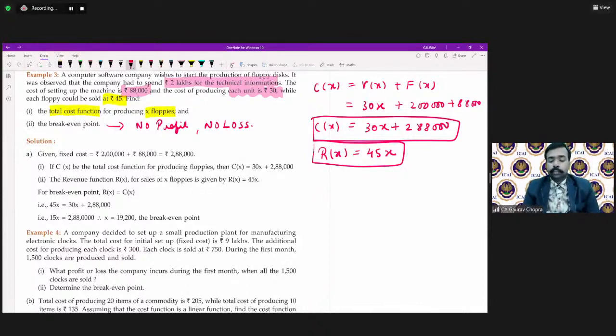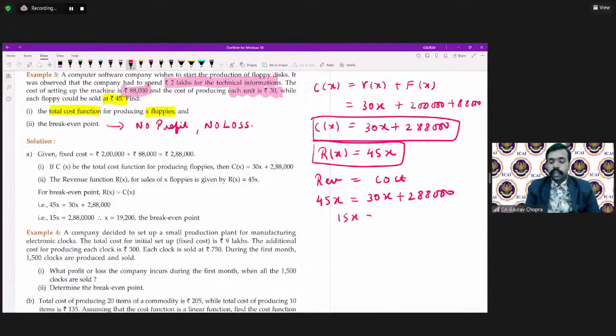Whenever there is no profit, no loss, that means revenue will be equal to cost. If selling price is 100, cost is 100, there is no profit. Selling price is 200, cost is 200, there is no profit. Similarly, whenever revenue is equal to cost, there will be no profit. So revenue is 45x, which is equal to the cost 30x plus 2,88,000.